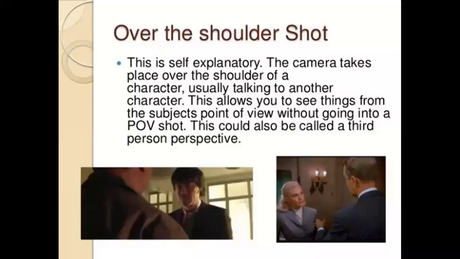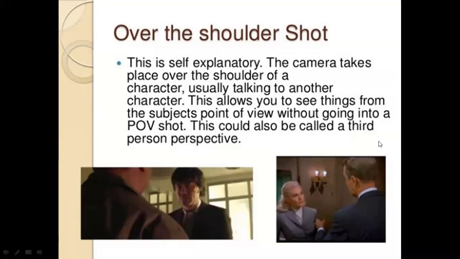The over the shoulder shot is a camera angle used in film and television where the camera is placed above the back of the shoulder and head of a subject. This shot is most commonly used to present conversational back and forth between two subjects.